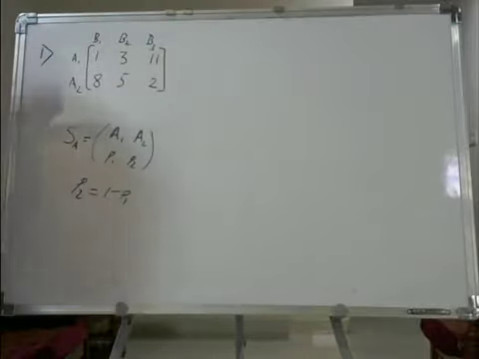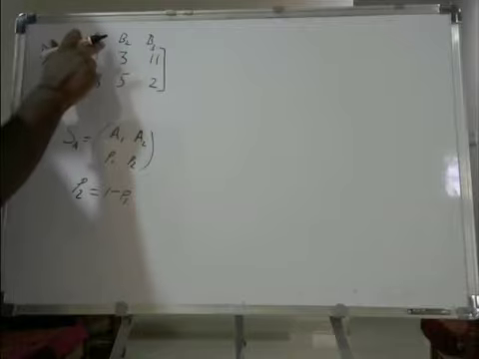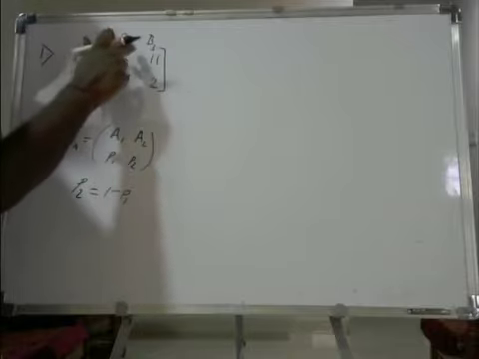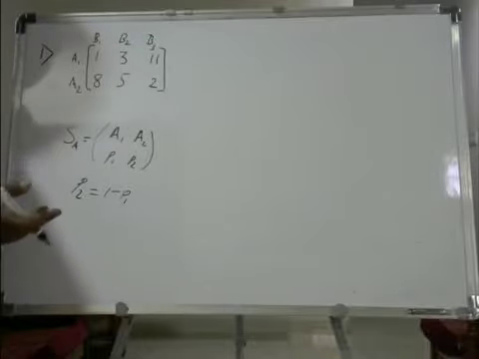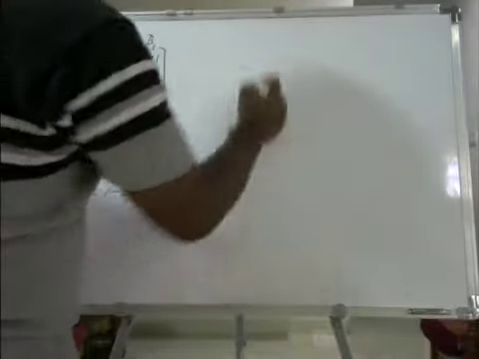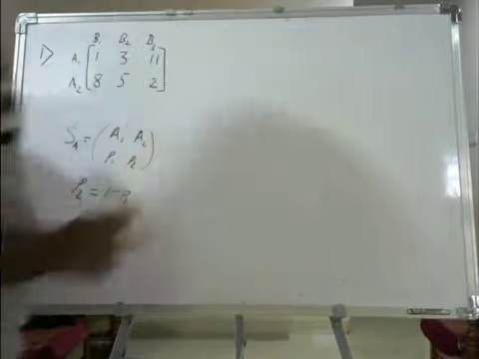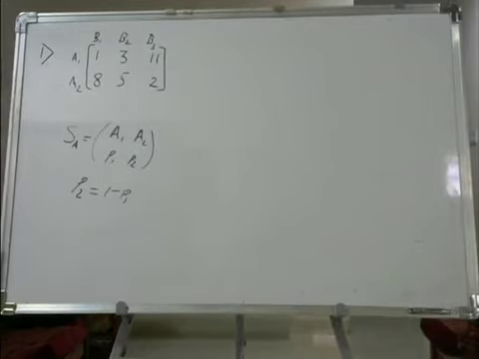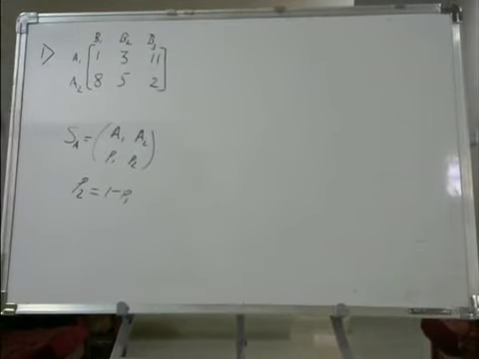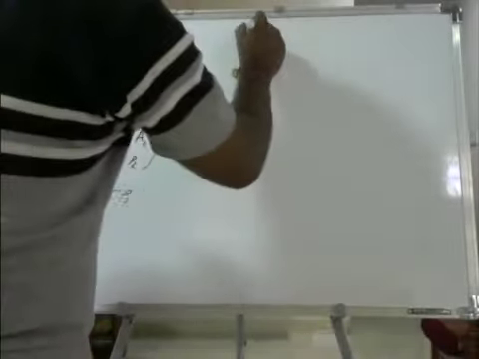The payoffs for strategy A give you the B1 payoff equation, the B2 payoff equation, and the B3 payoff equation. These equations you have to plot on a graph. You will have two lines, axis 1 and axis 2.